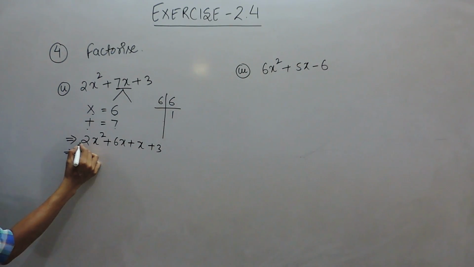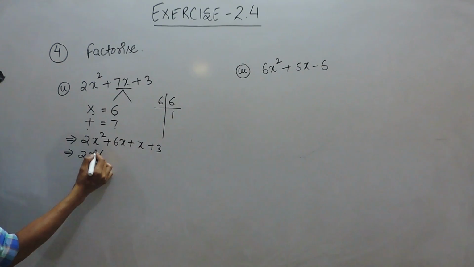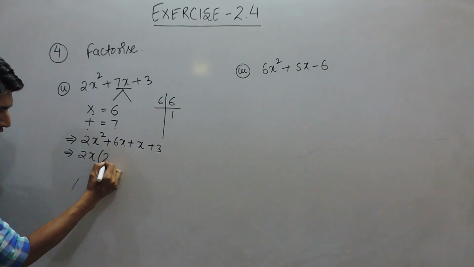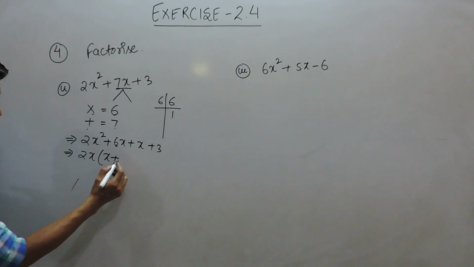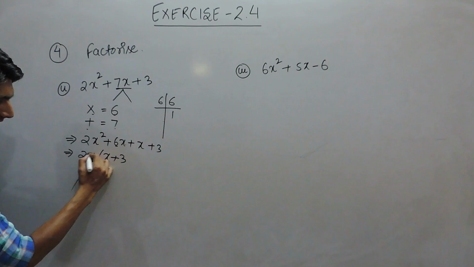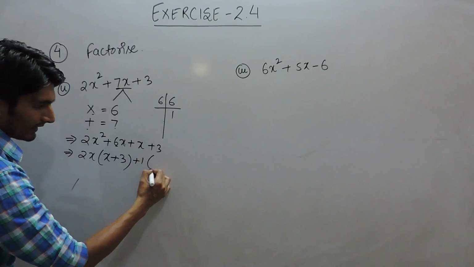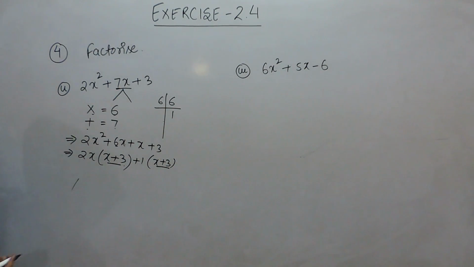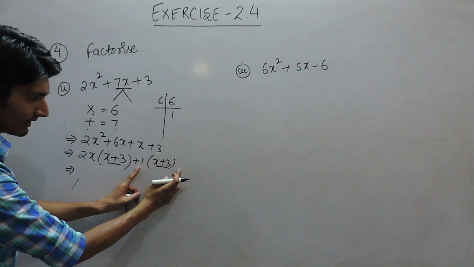So take common from the first two, which is 2x, and 2 is already taken out, 1x is taken out, so only 1x remains, and from 6, 2 is taken out, so only 3 remains and x is already out. So in this case also plus 1 when taken out, inside the bracket the same thing will remain. So this is one term plus this is another term.